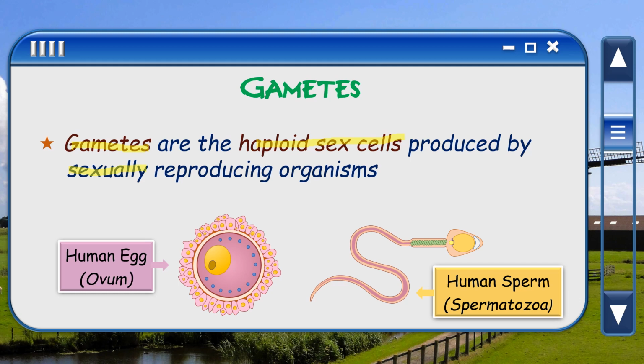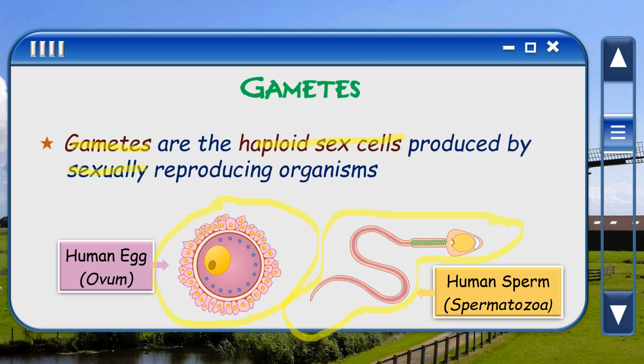The female gamete is what we call the ovum, and the male gamete is the one that we call the sperm. All of these cells are haploid.